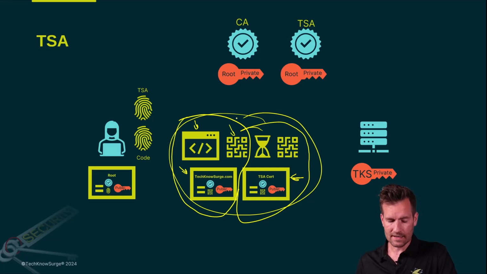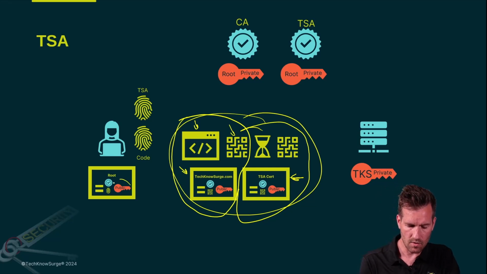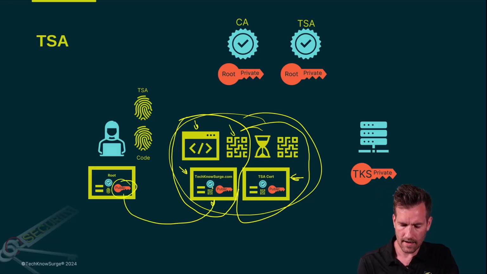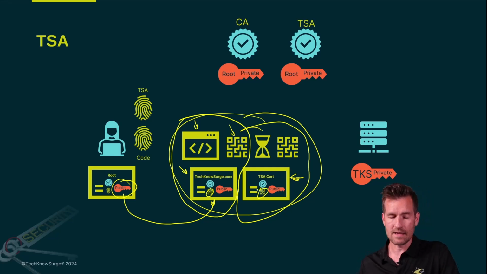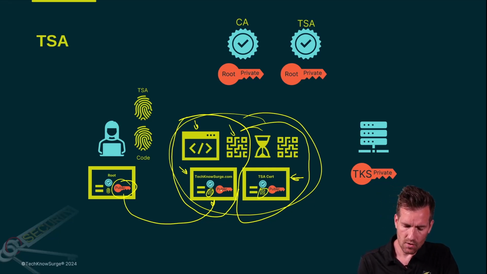Now, first of all, it needs to verify these certificates. So it uses the root certificate to verify both of these certificates and make sure that they're valid. Once it does that, it can use the public keys to decrypt the encrypted fingerprints here.